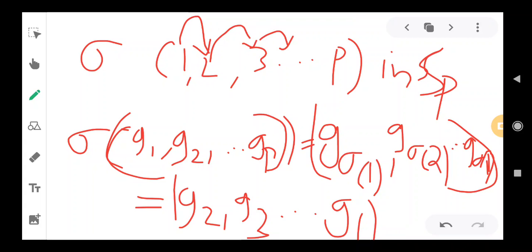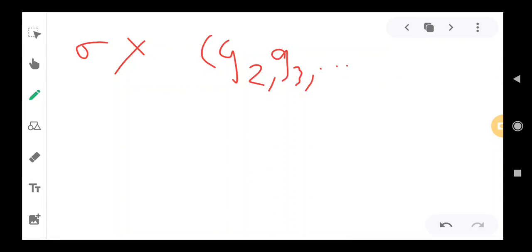Because the last element is G sigma of P, and sigma of P is mapped to 1, since this is a cycle. So we get G1 there. When we let sigma act on X, we got elements like G2, G3, etc., G1. Clearly this is an element of X. Why?